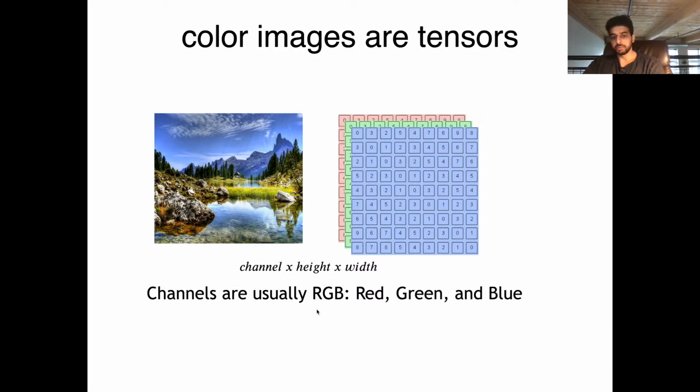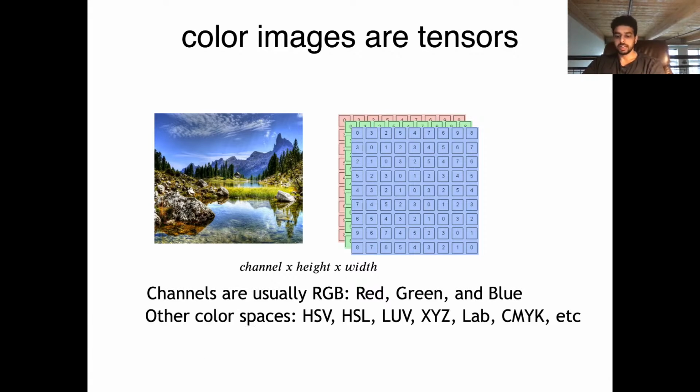Usually we use red, green, and blue, but there are alternate color spaces, some of which are very useful for different tasks. For example, the LAB encoding encodes lightness as one value, and then color as another value. This is a popular color space for tasks like colorization. But in general, we'll stick with this RGB color space.